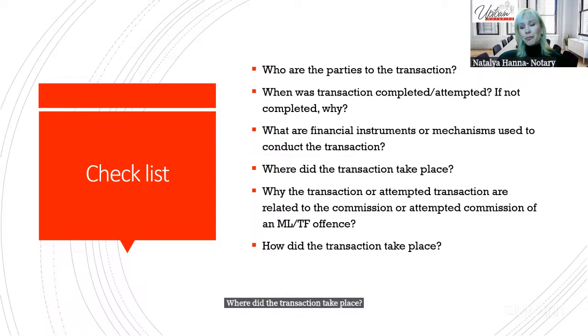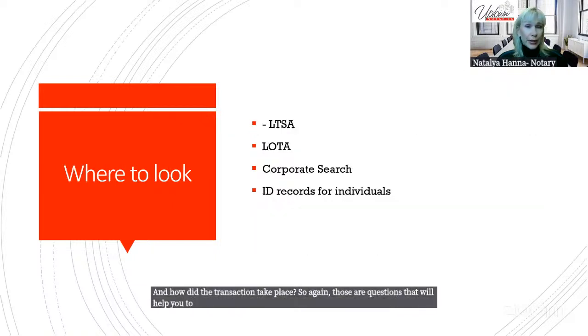The location, and why the transaction or attempted transaction is related to the commission or attempted commission of the money laundering or terrorist offense. So again, state those indicators used to support your suspicion. State the suspected criminal offense related if known, and how the transaction took place. So again, those are questions that will help you to really tell the story of what happened.